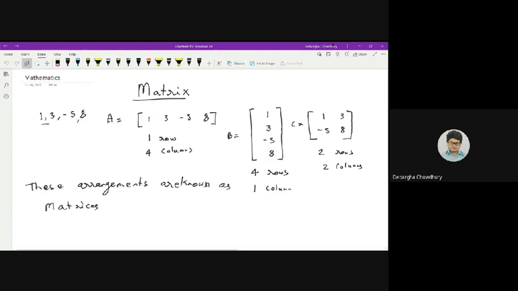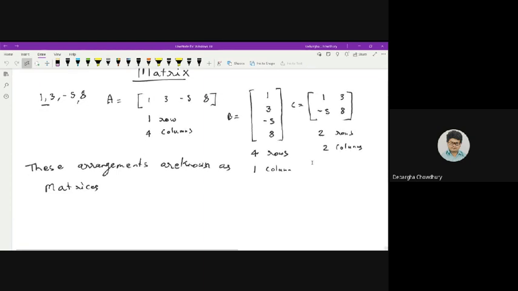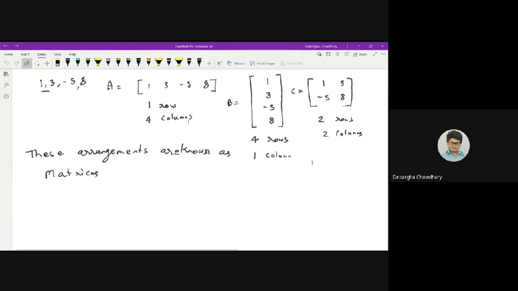Now, how do we define a matrix? We define a matrix as a rectangular arrangement of different kinds of elements. Not only numbers, we can arrange letters, symbols, characters, anything.